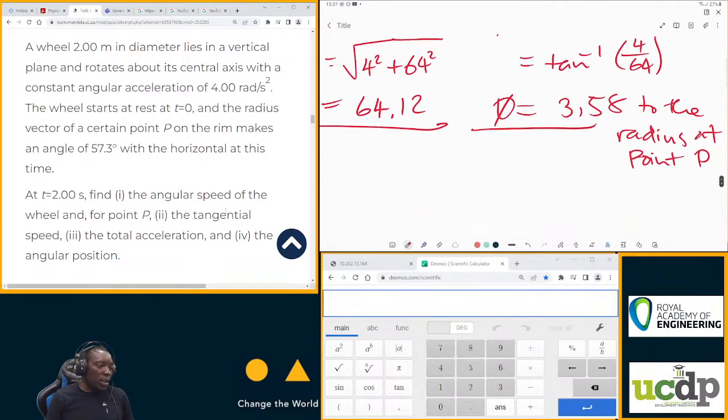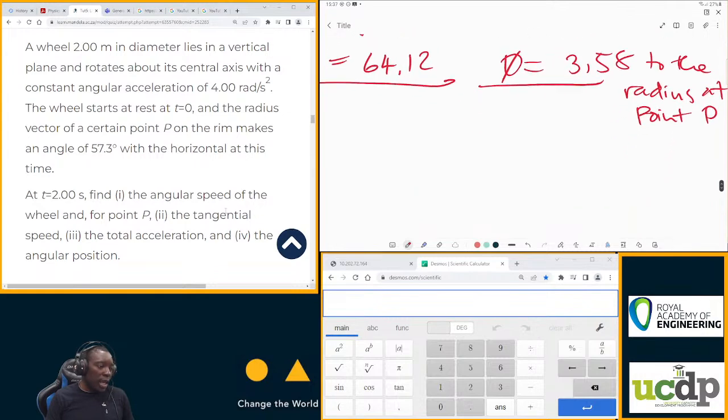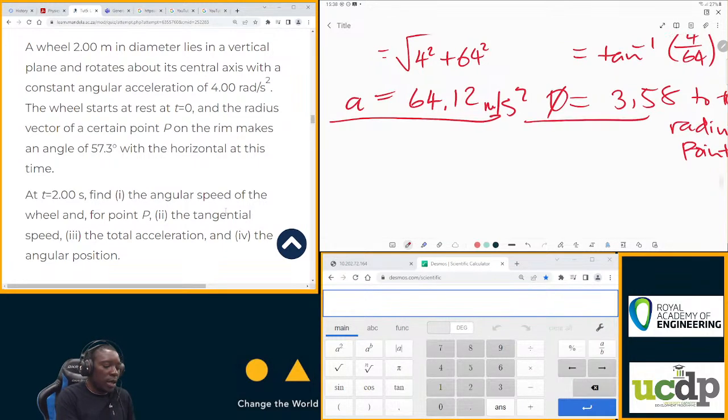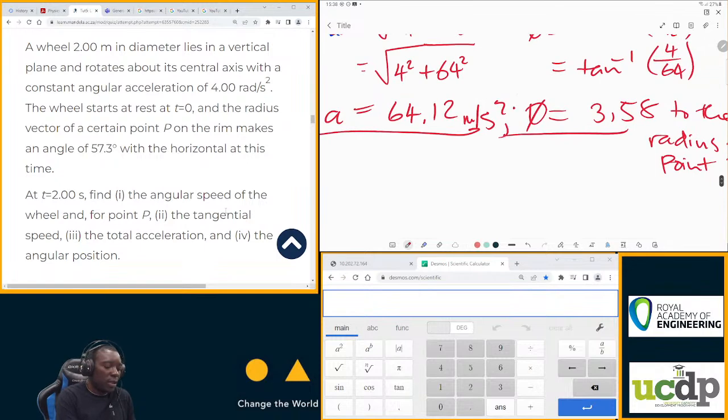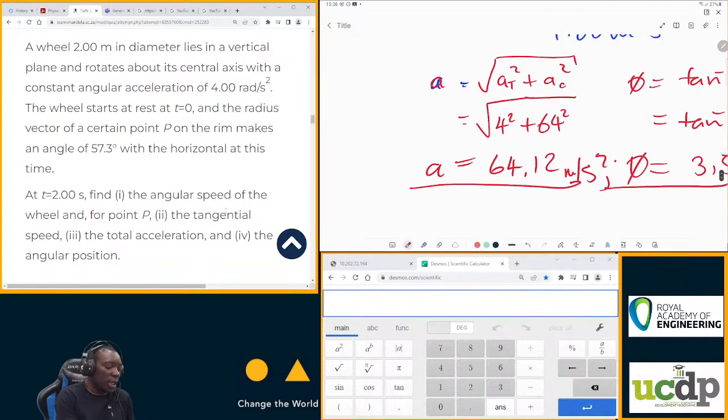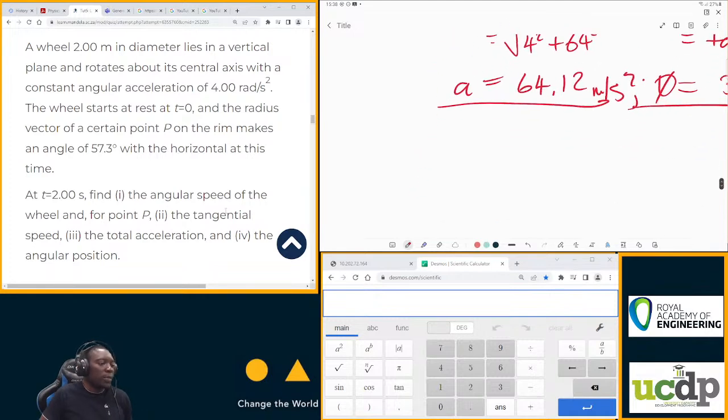So this acceleration, because it's a vector, we give magnitude 64.12 meters per second squared at an angle of 3.58 to the radius at point P. So we give both magnitude and direction for the acceleration.